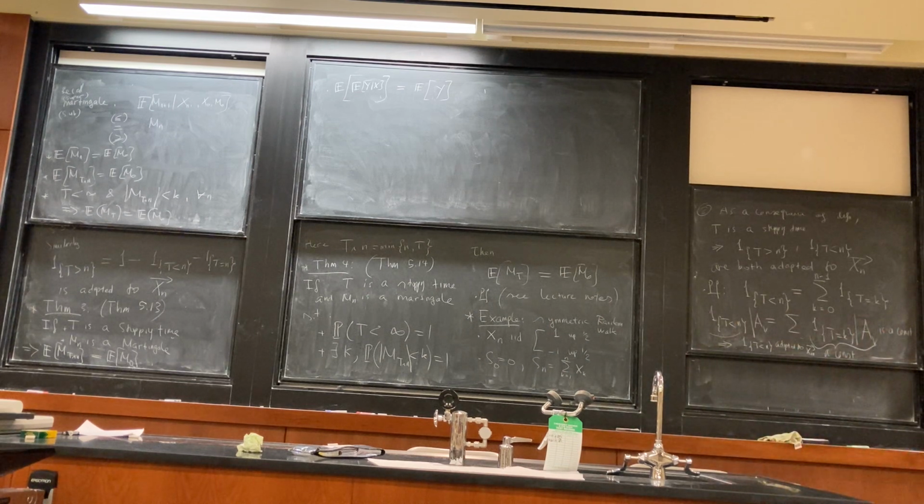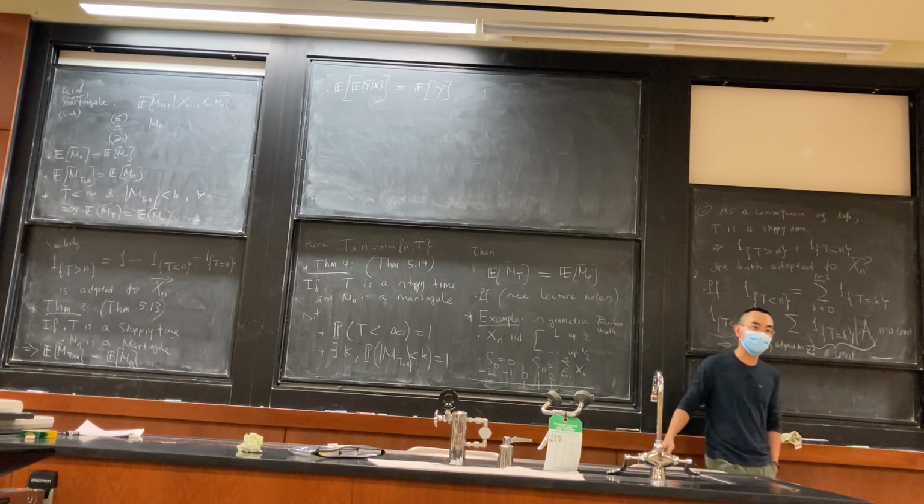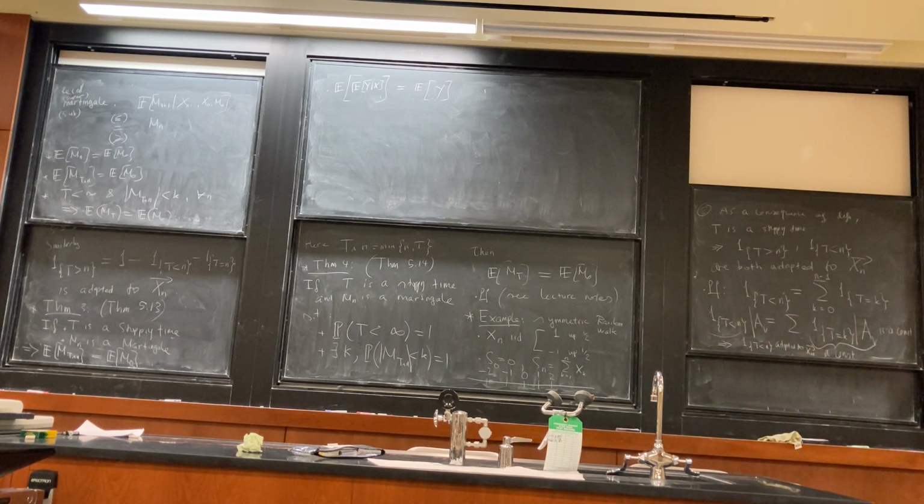And so S_n is just a Markov chain jumping on the integer set. So this is 0, 1, -1, -2, 2. So I will start from 0 and keep jumping back and forth, basically.